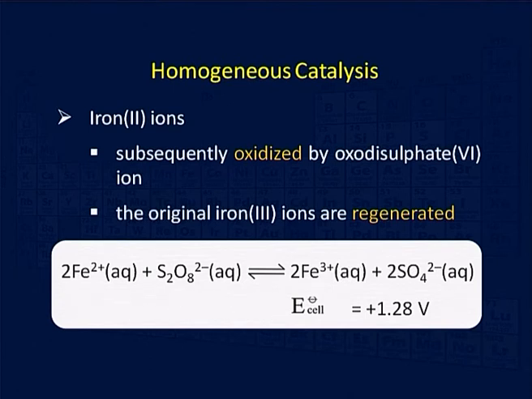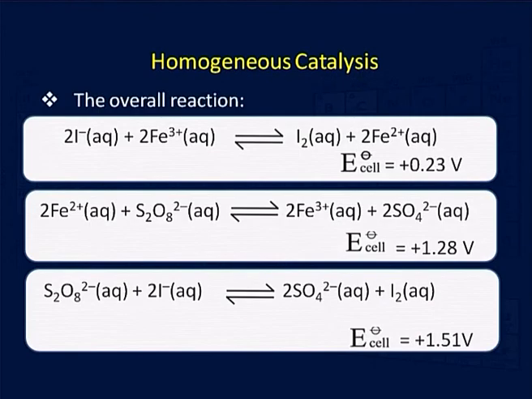So this is how Fe3+ takes part in the reaction and is regenerated at the end. Let us see how the overall reaction takes place in the presence of the catalyst. So, this is a well known example of homogeneous catalysis.